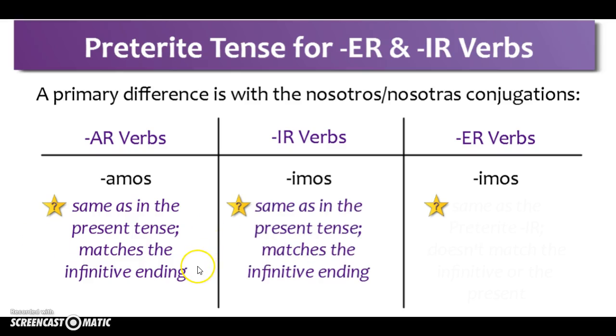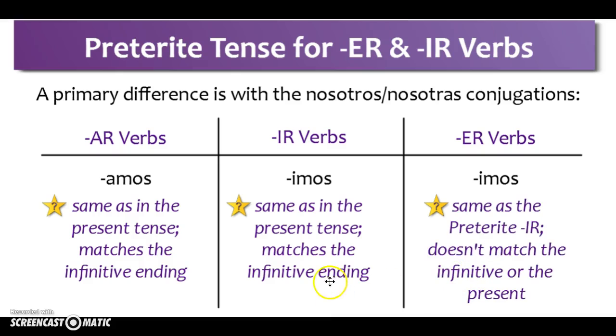Again, the same as the present tense, and again, it corresponds directly to the IR infinitive ending. The difference comes with the ER verbs. Here we have imos. This is the same as the preterite IR verb. It doesn't match the infinitive of an ER verb, nor does it match the present tense nosotros or nosotras conjugation, which would be emos.